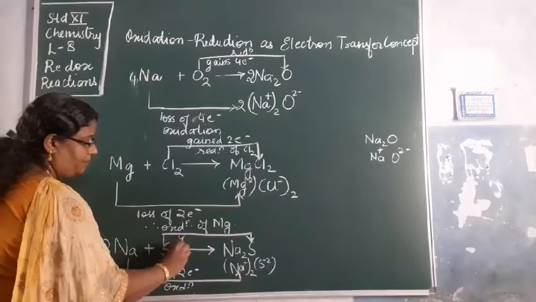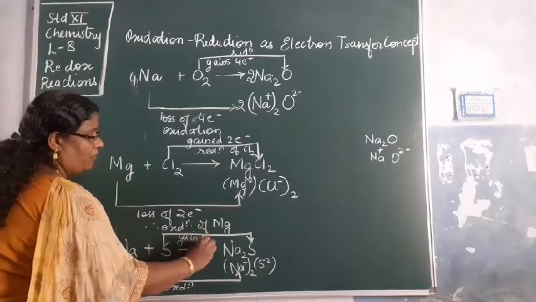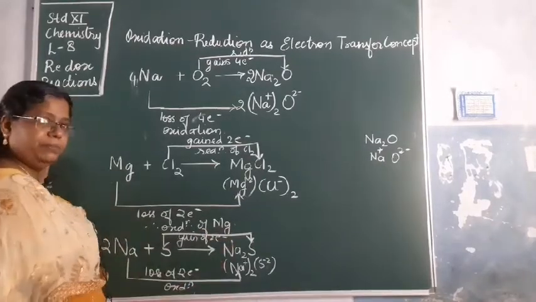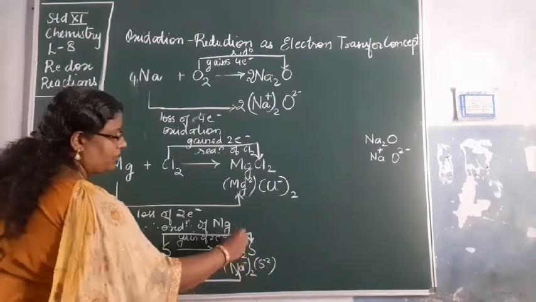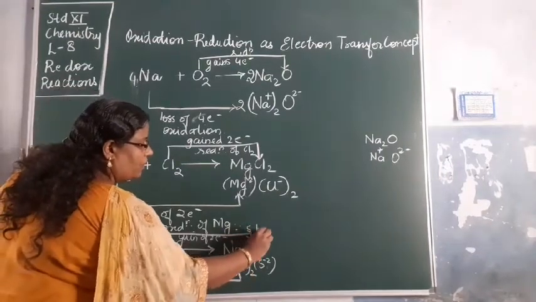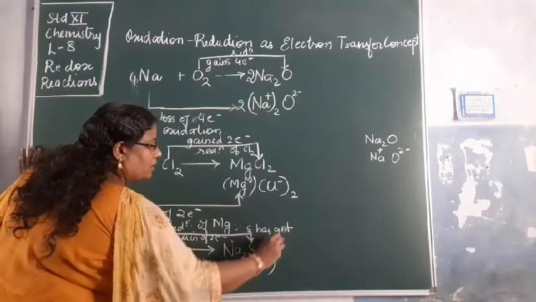So here gain of 2 electrons has taken place and sulfur has got reduced.